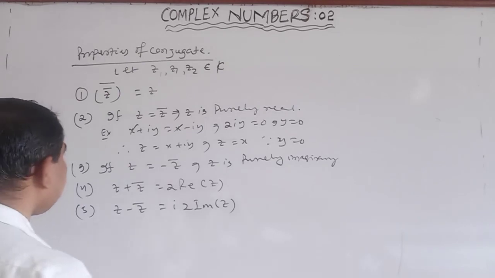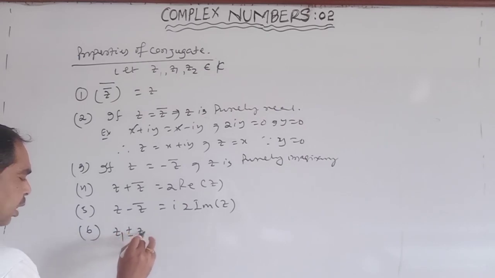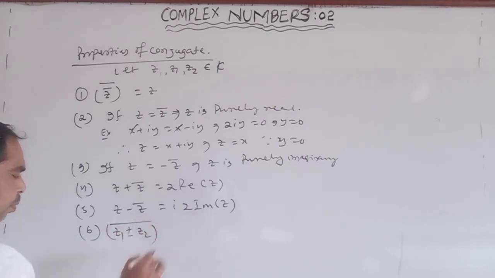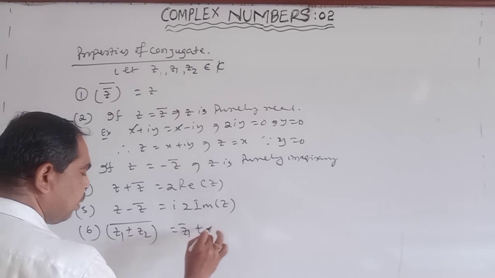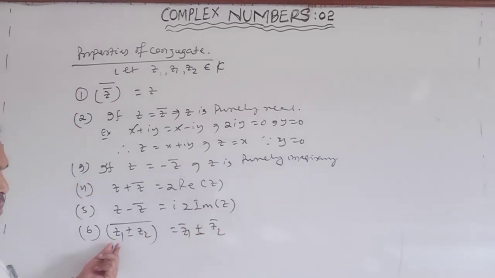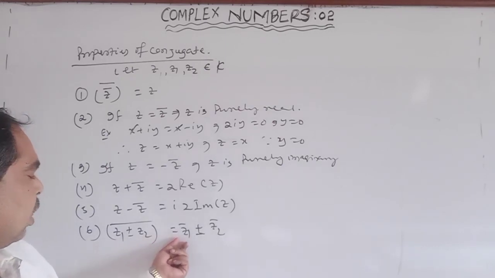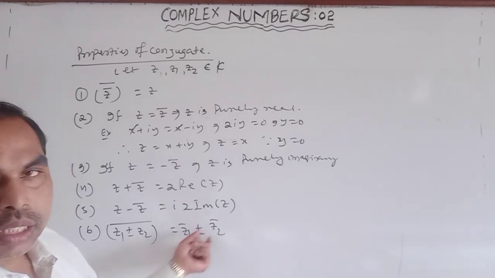Property 6: z1 plus or minus z2 whole bar is equal to z1 bar plus or minus z2 bar. The conjugate of the sum of two complex numbers is equal to the sum of the conjugates of each complex number.